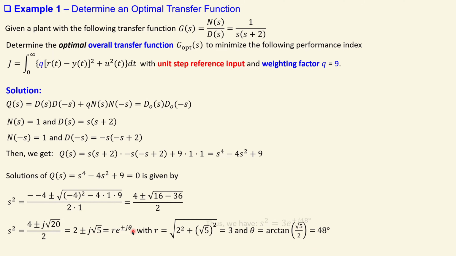Now that means s squared will be 3 times e to the power plus or minus j 48 degrees. Okay, now we have a nice expression for our solutions for our poles.